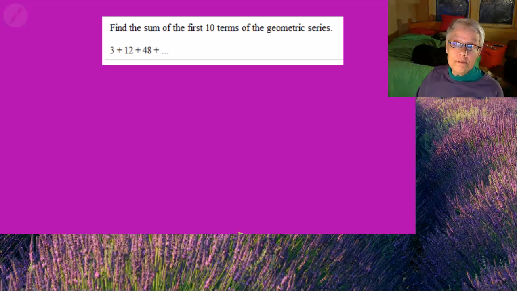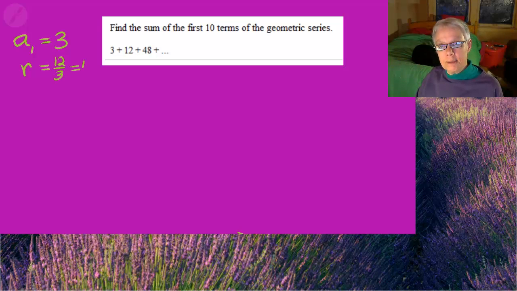Now we're going to find the sum of the first 10 terms of a geometric series. That is, each of these terms was part of a geometric sequence. Then we decide to add them, which makes them a series, a geometric series.